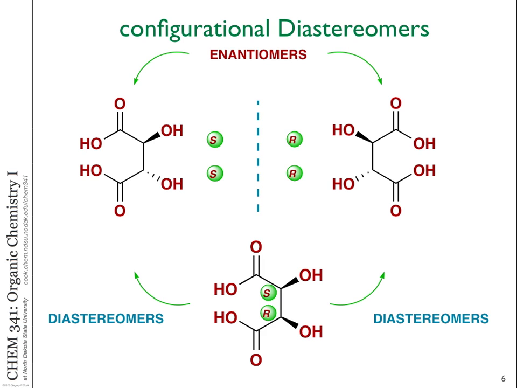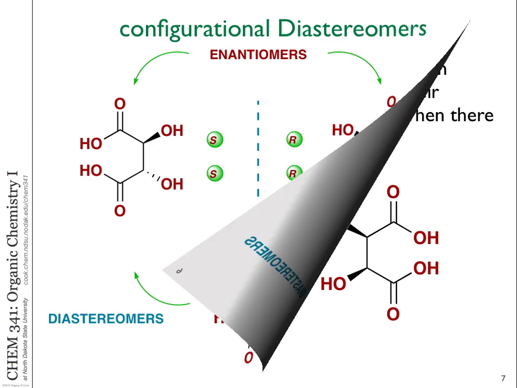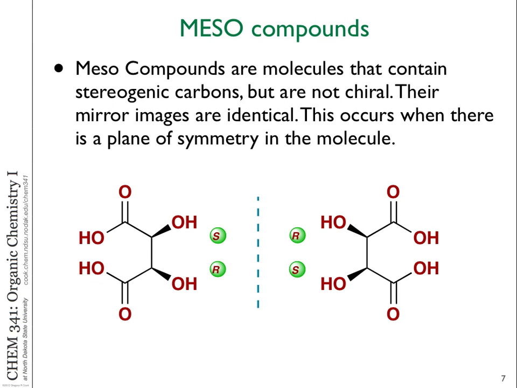Okay, this molecule now, I want to take a closer look at this molecule. If we were to take this molecule and look at its mirror image, what is the relationship there? Okay? This shows an interesting, unique situation.